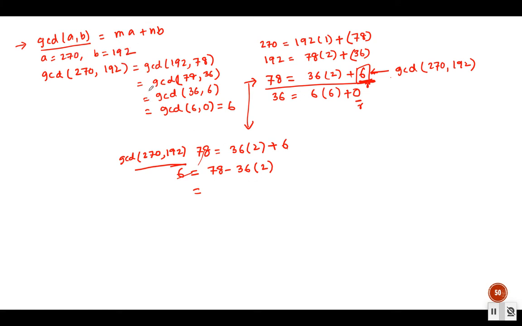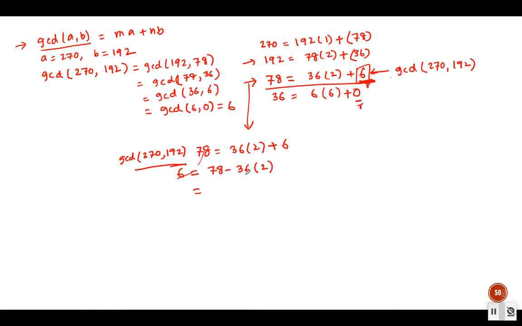Now, here I have 1 times 78 and here I have minus 2 times 36. That's how I'm going to visualize that.